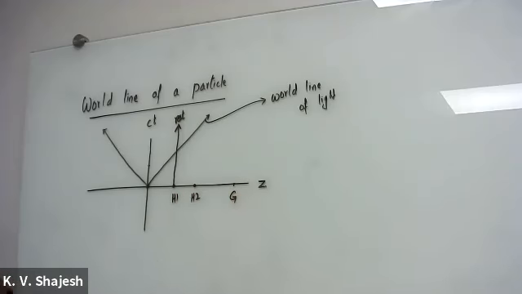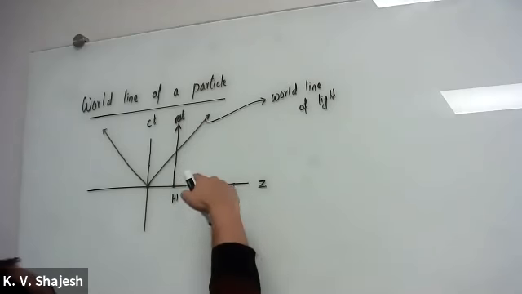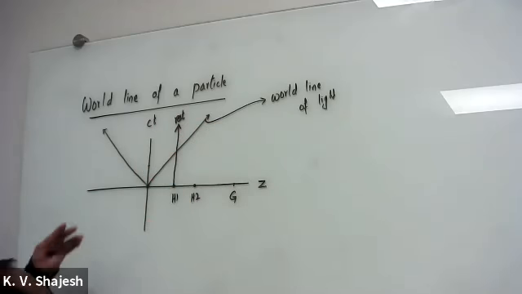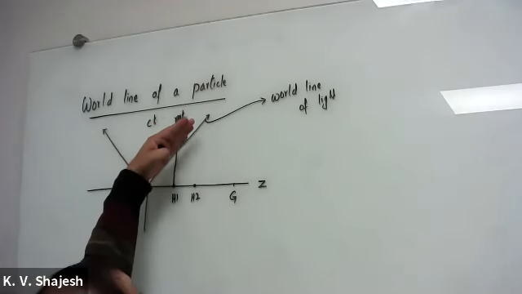Your neighbor decides to go from the house to the grocery store, and the person will move with a speed that is slower than the speed of light. And that would mean that it cannot go beyond 45 degrees. If you go with the speed of light, you're going at 45 degrees.